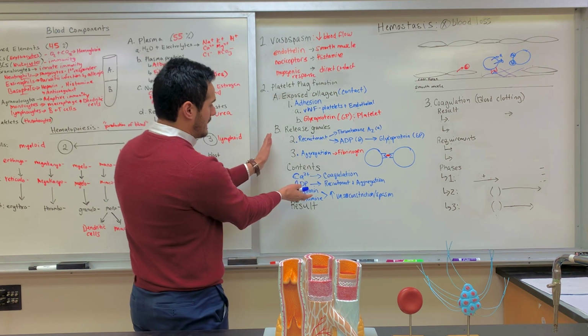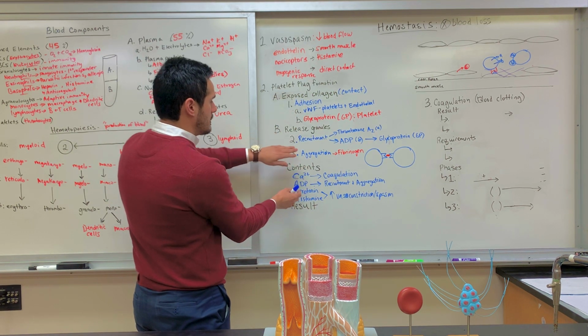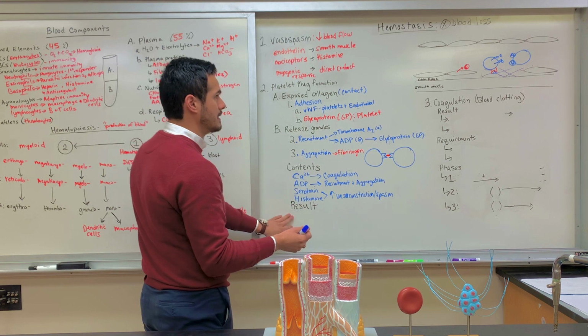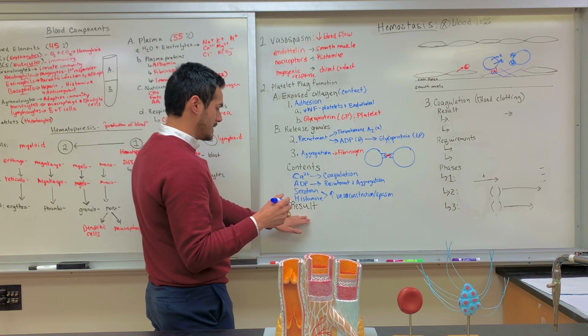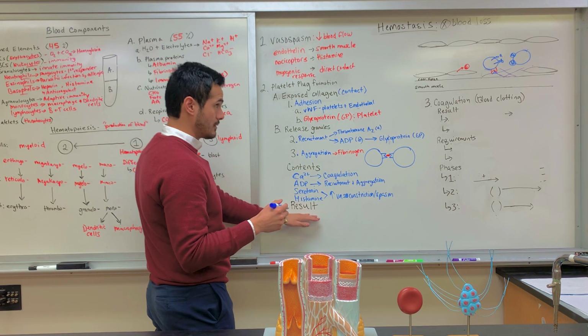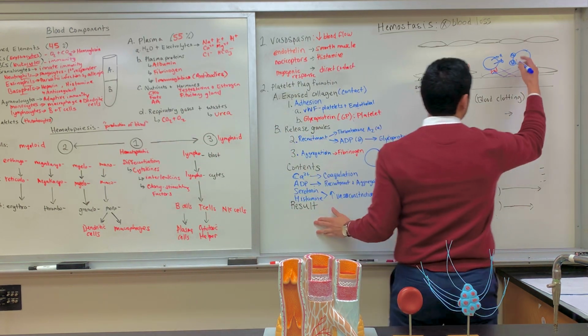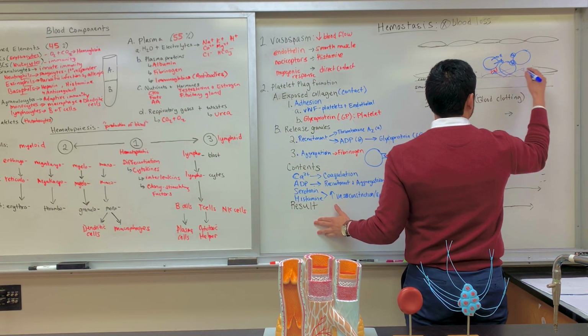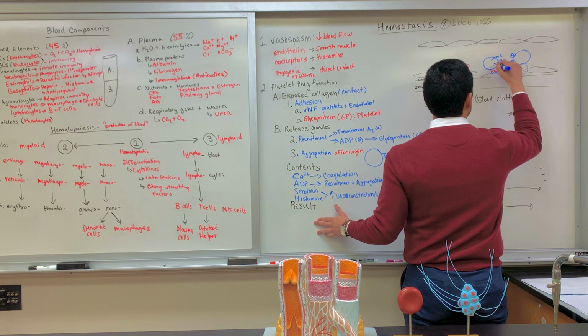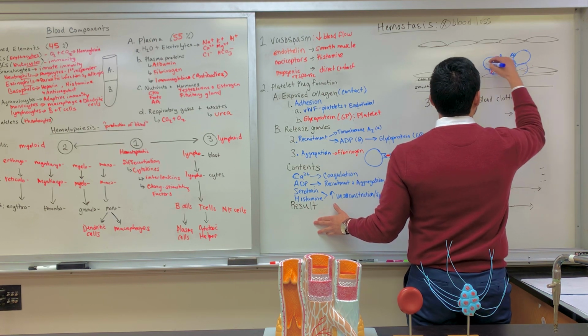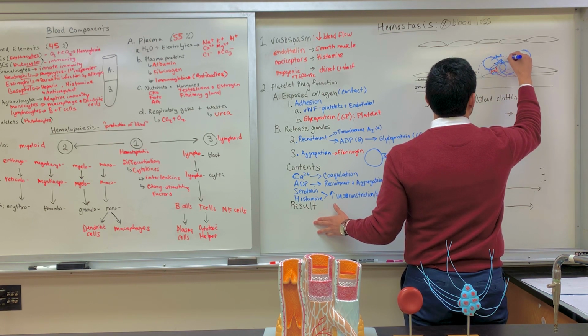Okay, so that's for the contents that are released. That helps for recruitment and aggregation. Another factor to consider here: as a result, when all of these platelets start to accumulate here, they start to have this negative charge.